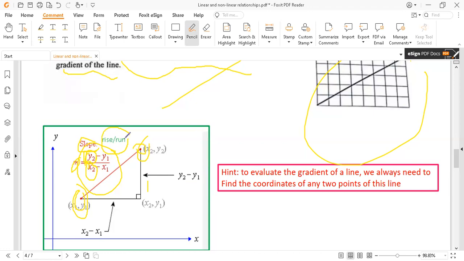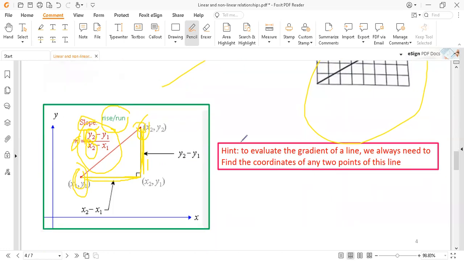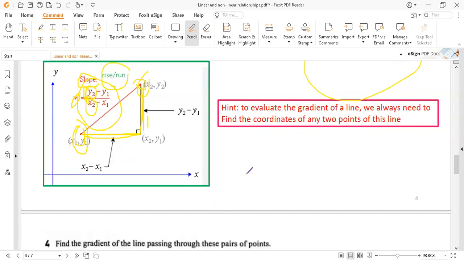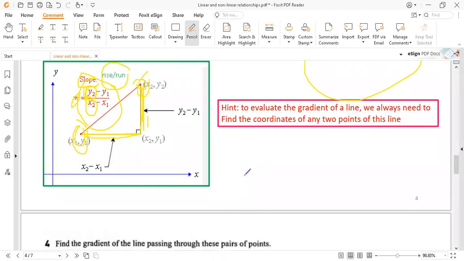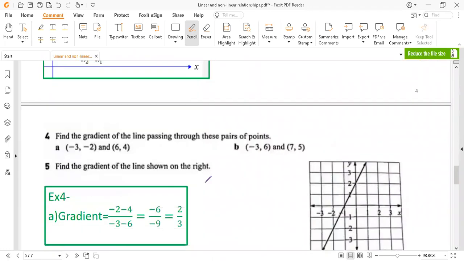It is the rise over the run, the height over the run, horizontally. Okay, so as we said before, to evaluate the gradient of a line, we always need to find the coordinates of any 2 points of this line, and the gradient is the same. It is also called the slope.